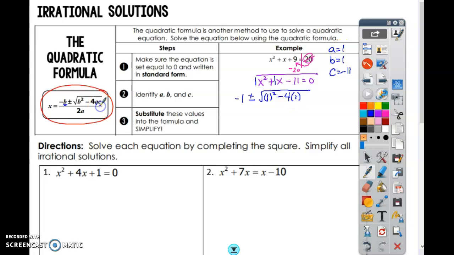And C is negative 11. All over 2A, so it's 2 times 1. Okay? I can put this whole thing in the calculator. I can put all of that in the calculator. So let's put it right now all together like that.